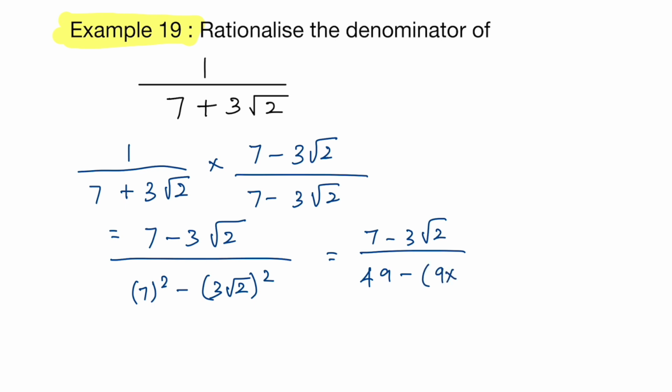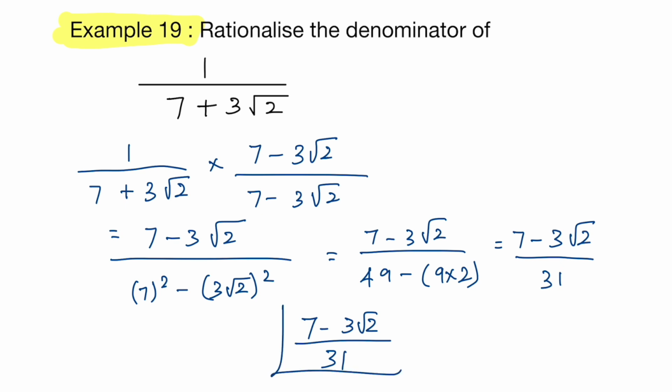So 9 into 2. Root 2 squared is 2 and 3 squared is 9. So it's 18. So 7 minus 3 root 2 divided by 49 minus 18. So that is 49 minus 18, 31, right? So the answer is 7 minus 3 root 2 divided by 31. And that is the answer to this question.